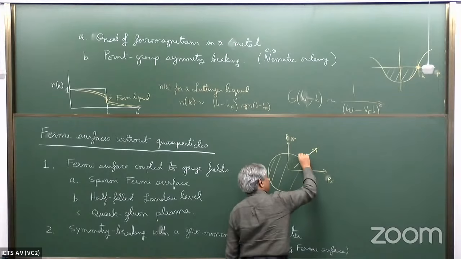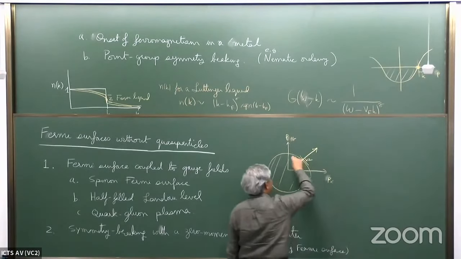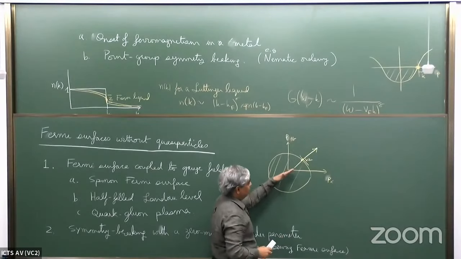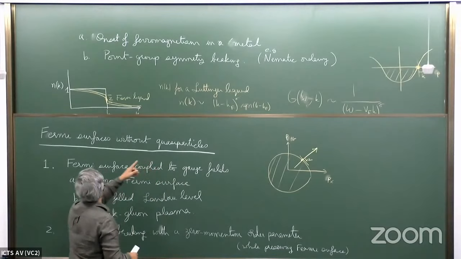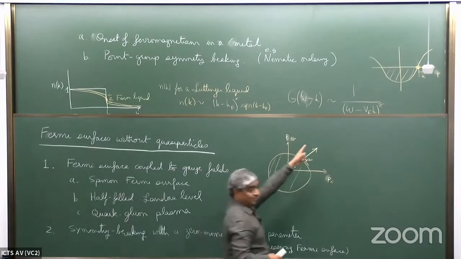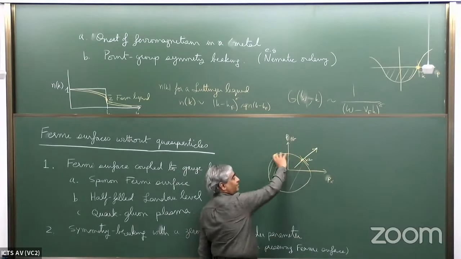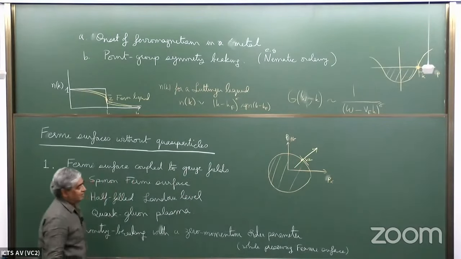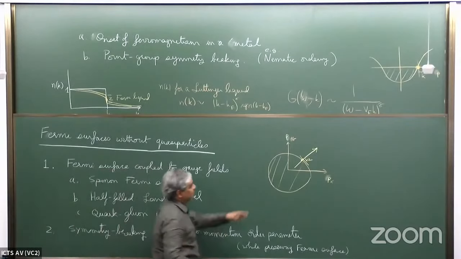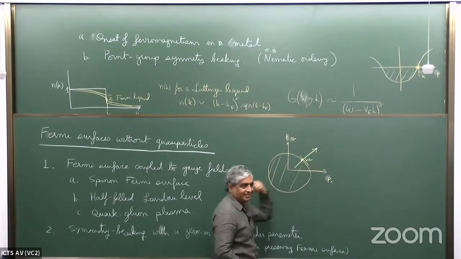And if you call this k measured from the Fermi point, just like you measured in 1D, then if you looked at the correlation function along this direction, you would get a singularity, which is similar to that thing that's partially obscured by the board. And this would happen in every different direction. So it'd be a collection of one-dimensional chiral Fermi gases as you go around the Fermi surface.